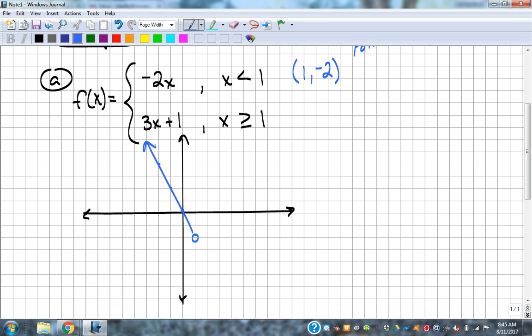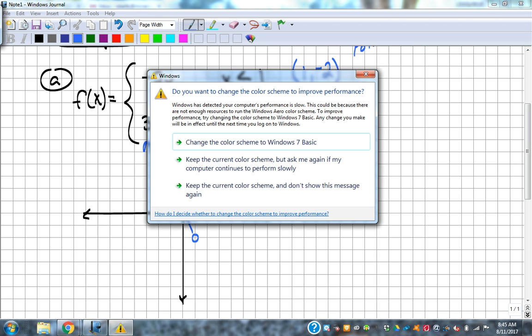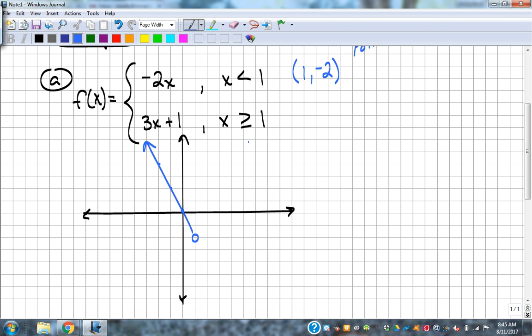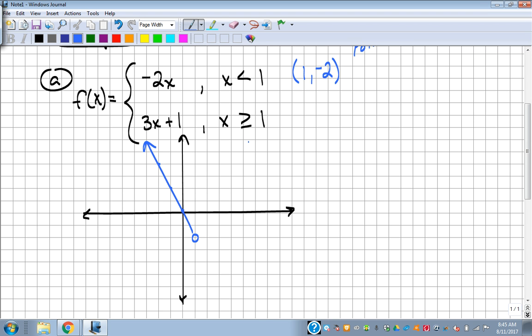And then we go from there. We're done with that. We put an arrow on the end because it says less than 1. It keeps going forever. There's a difference when there's a different inequality there. You've got to pay attention to whether it keeps going forever or not.